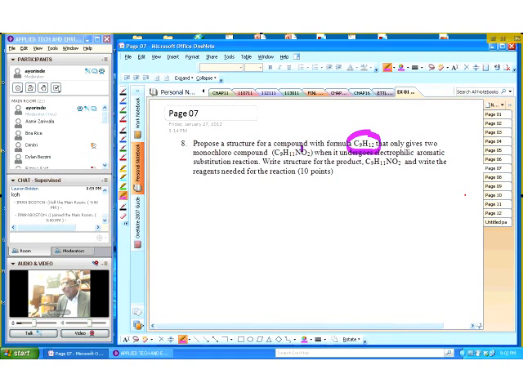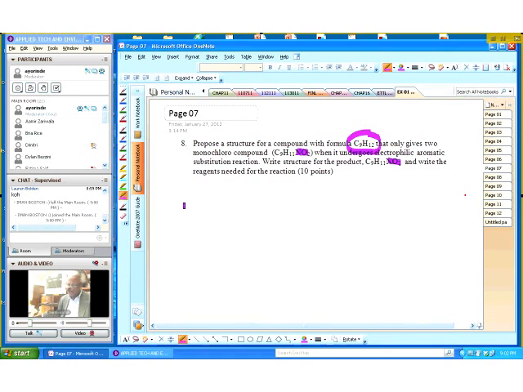This is supposed to be chloro, not NO2. Let us simply change this to chlorine right here because it's 2 monochloro. And we write the structure for the product, and write the reagents that you need. Or you could also use the nitro, but let's take chlorine.